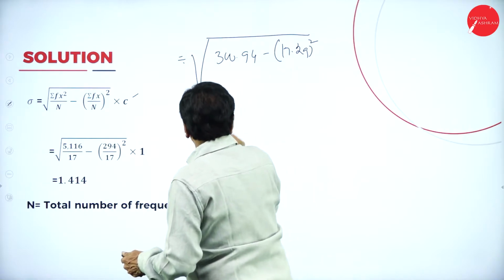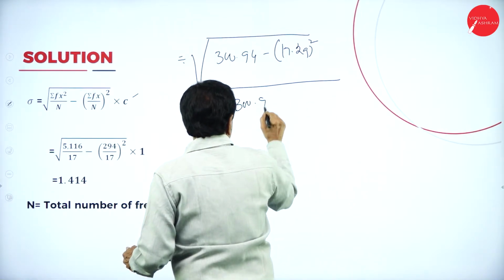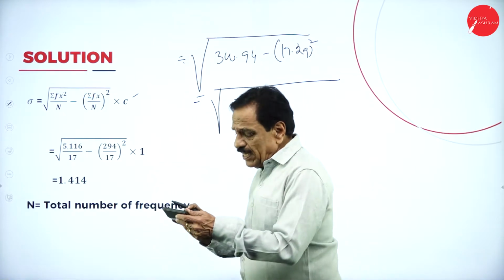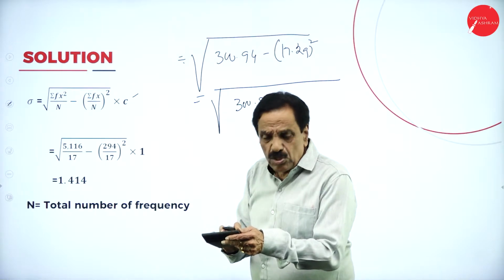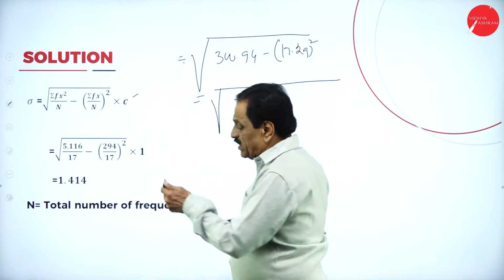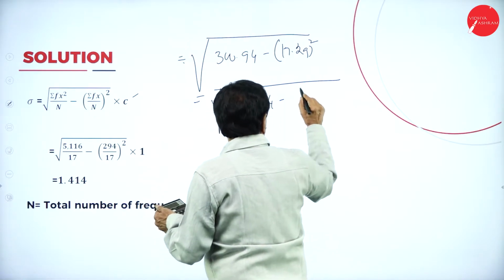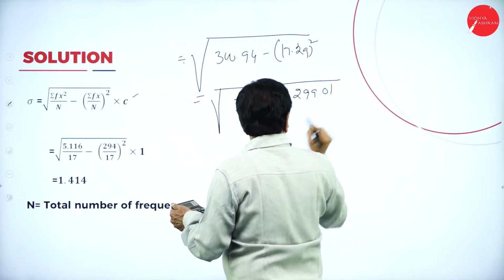Here simplify this. 17.29 into 17.29 is equal to 299.01.